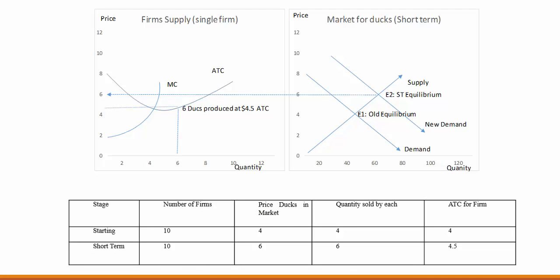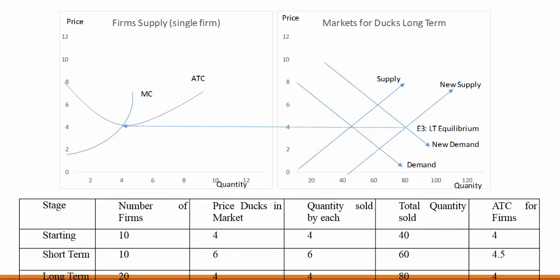Now, what would happen if the demand increases? If the demand increases, this would be the new equilibrium. Suppose the price to produce this is 4.5, and you can sell it at a higher price in the equilibrium, then you are going to be in profit in the short term.